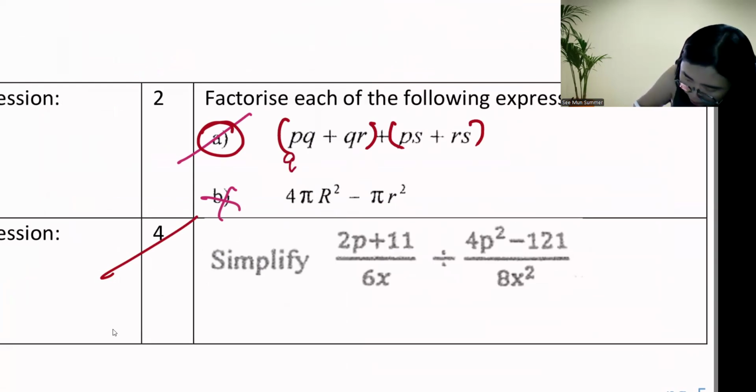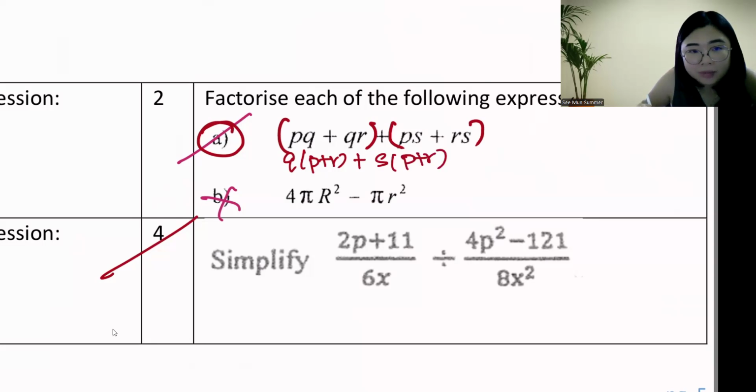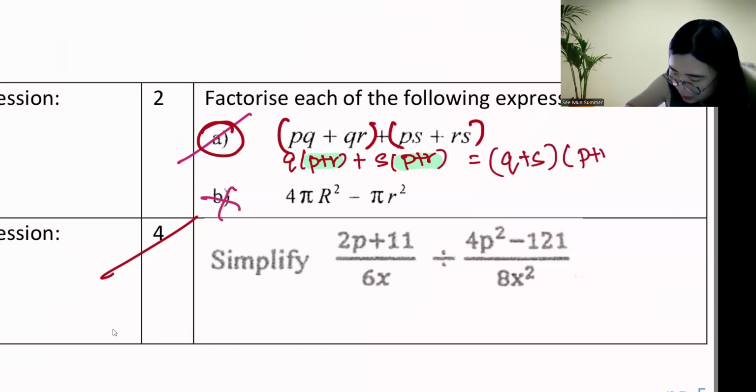Q, P plus R, and then S, P plus R. And then when you factorize them in partners, you can see P plus R are the same. If both of them are the same, then it will convert to, anybody still remember how to convert them into the factorization form? It will become Q plus S bracket P plus R. Okay, remember?